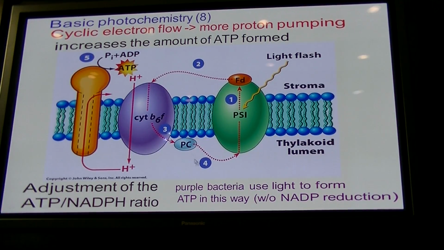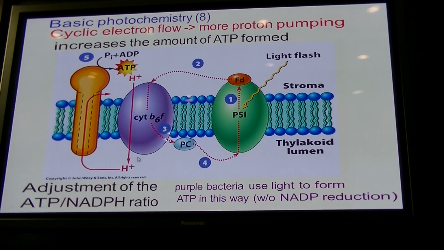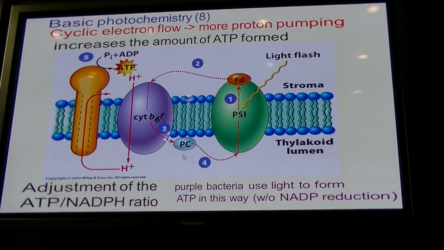So that complex 1-like component can then lead to the reduction of the quinone pool, which with cytochrome B6F, that's like complex 3 in the mitochondrion, can generate more of a proton gradient, which is used to make more ATP. So in this scheme, the electrons are flowing around via the B6F complex to plastocyanin into photosystem 1 and back. We call this cyclic electron flow.